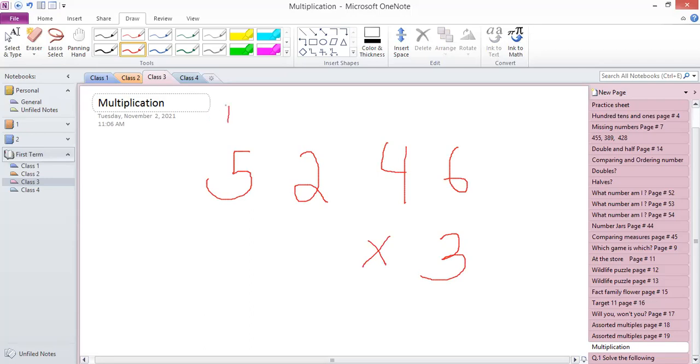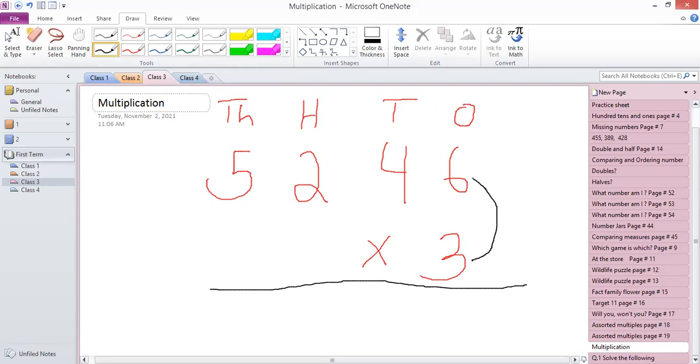So this is thousands, hundreds, tens, and ones. You will multiply the number by the ones first. 3 multiplied by 6.